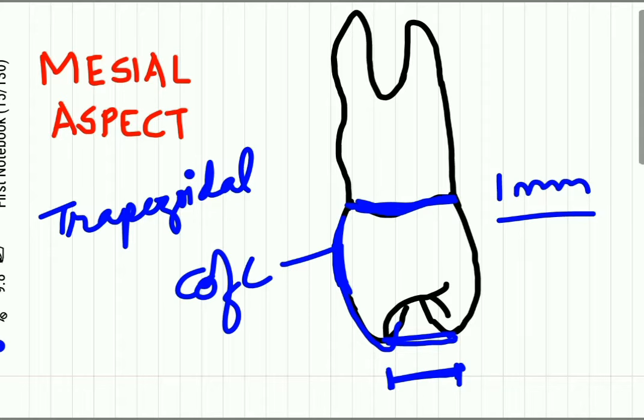Now, the lingual outline from the mesial aspect is smooth, it is curved, and it extends from the cervical line up to the cusp tip. The crest of curvature in the lingual aspect is present at the middle 1/3.